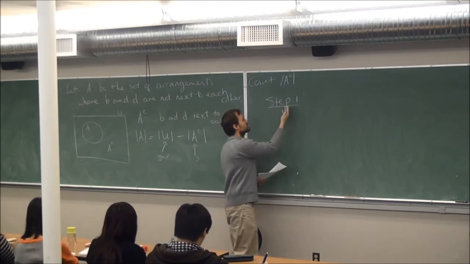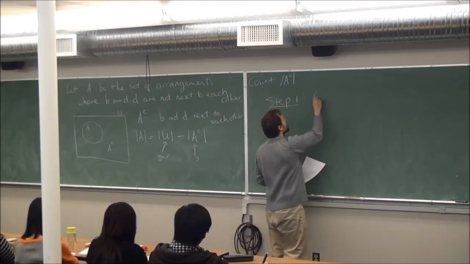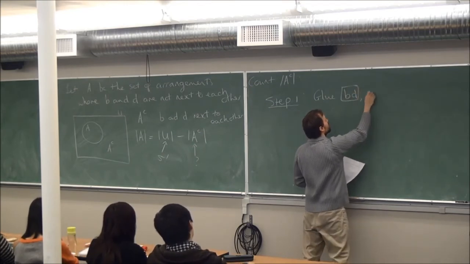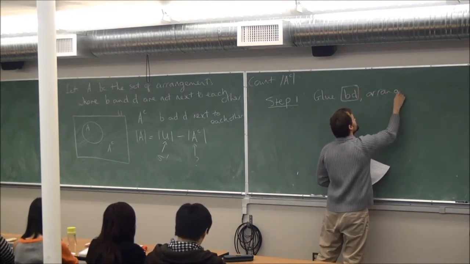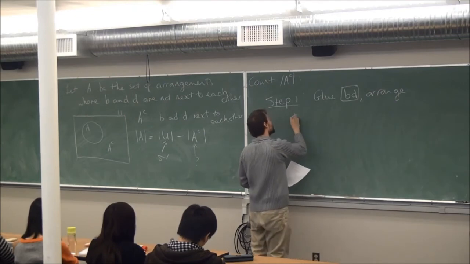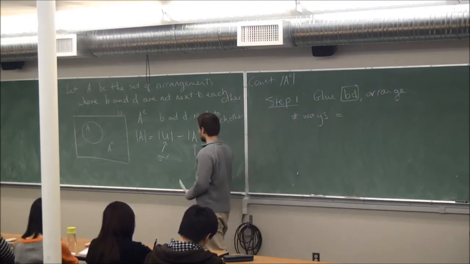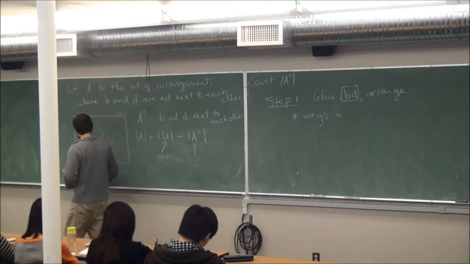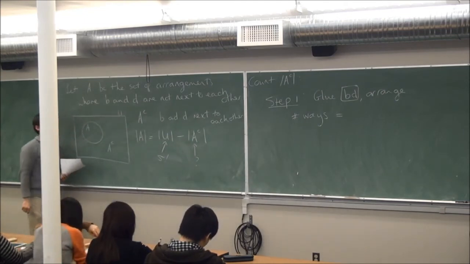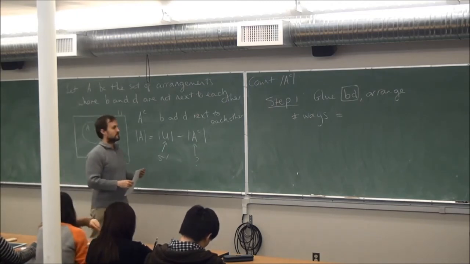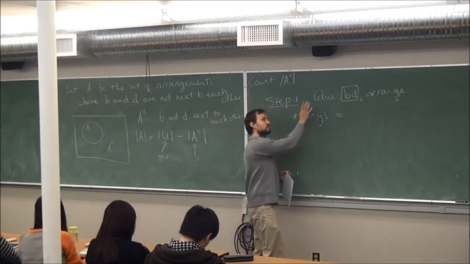And then I'm aware, I see, okay, step 1, I glue B and D together, and then I arrange everything. How many ways can I do that? How many ways can I arrange these new letters? I'm just doing step 1.